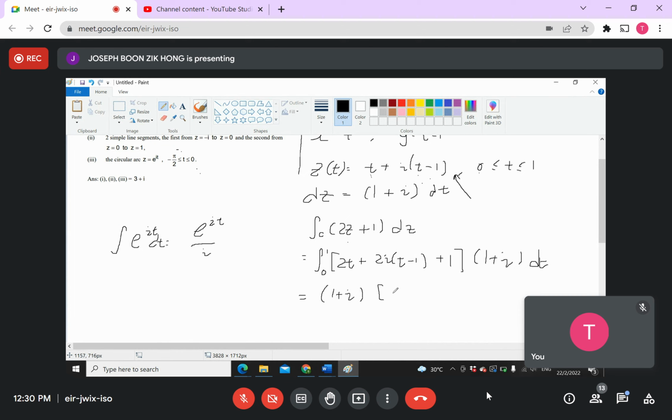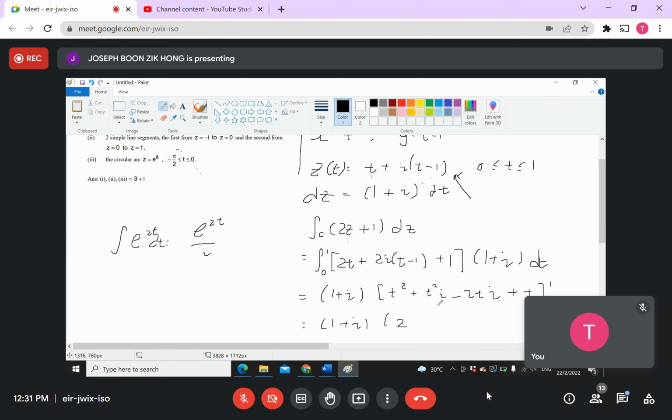I have t squared plus t squared over 2. So t squared i, and then this one minus 2i, so minus 2ti, and then plus t, from 0 to 1. So I will have 1 plus i. What is inside? 1 plus 1, 2.